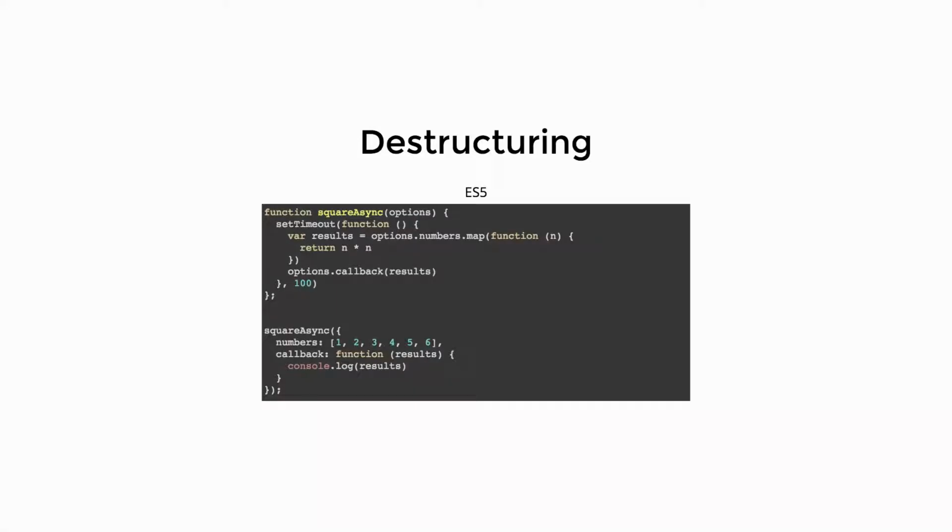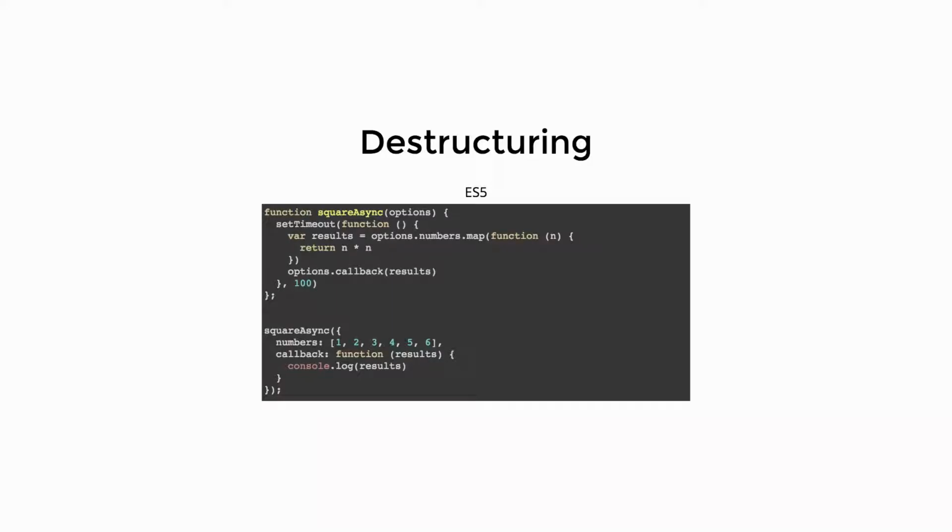All right, one more destructuring here. I'm going to destructure an object. So you've got square, another asynchronous square, where I have a setTimeout, so I'm going to square these numbers after waiting for 100 milliseconds.